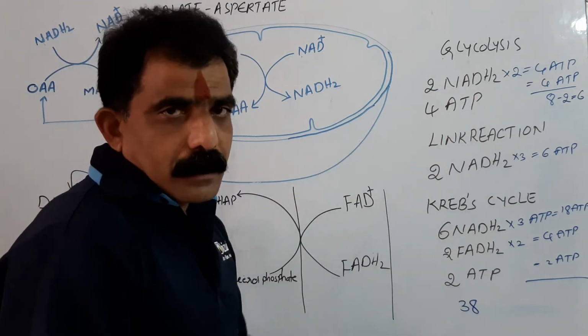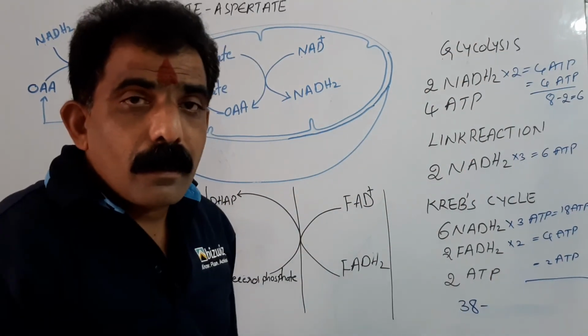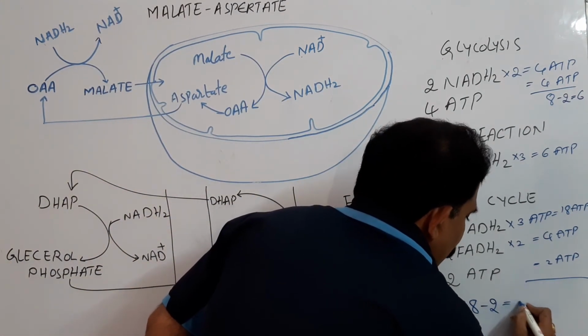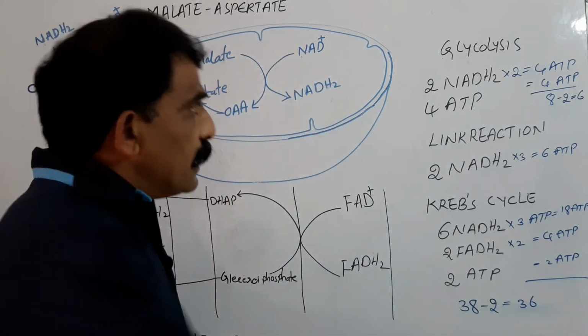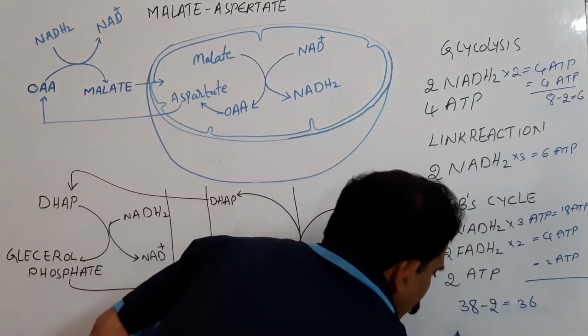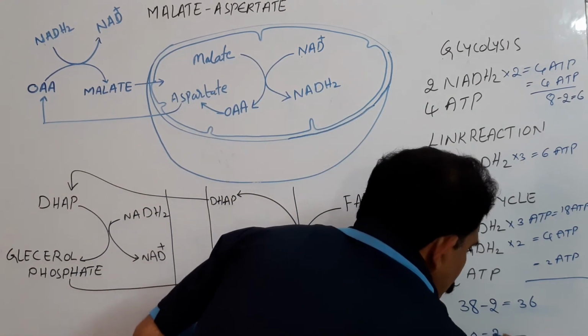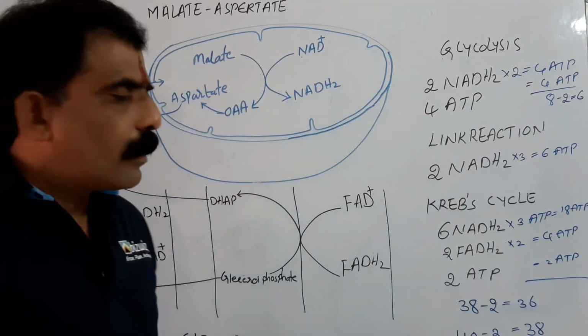30 plus 8, 38, minus how many ATPs are consumed in glycolysis? 2. So 38 minus 2 equals 36. See, if it is the malate aspartate shuttle, 40 ATPs are formed, minus 2, net gain becomes 38.